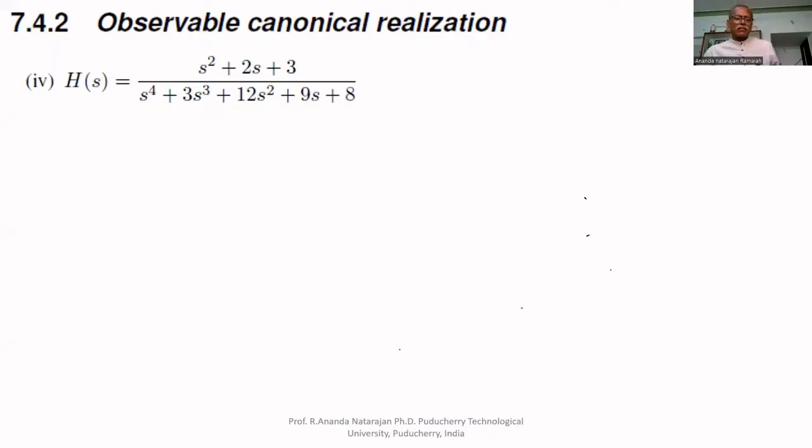Observable canonical realization. Given that H of s equal to s square plus 2s plus 3 upon s power 4 plus 3s cube plus 12s square plus 9s plus 8. Fourth order system. So this is equal to what? Y of s upon U of s.